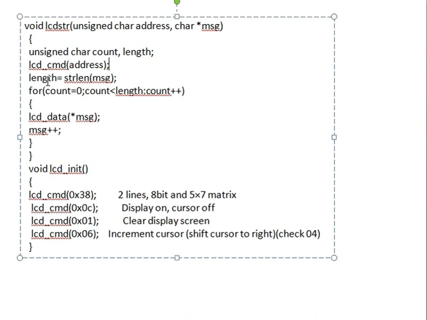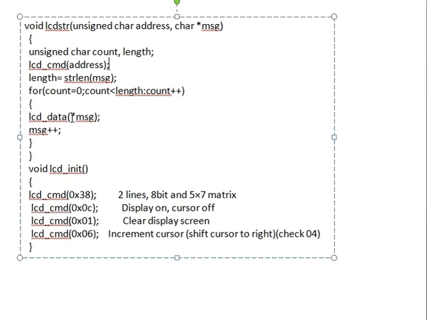Now length is equal to the string length of message. Message, as I've told, gives you hello itself. So the total characters present in hello is 5, the length is 5. So this loop repeats 5 times. In each repetition, you use lcd_data.